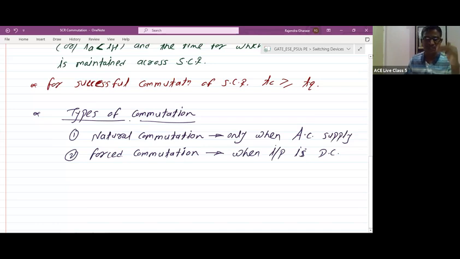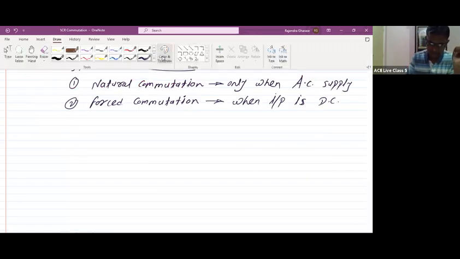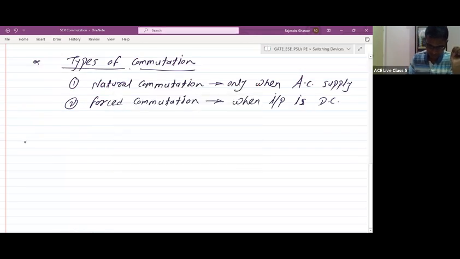How to turn off the SCR if the input is DC, we will discuss after natural commutation. So let us first discuss natural commutation.